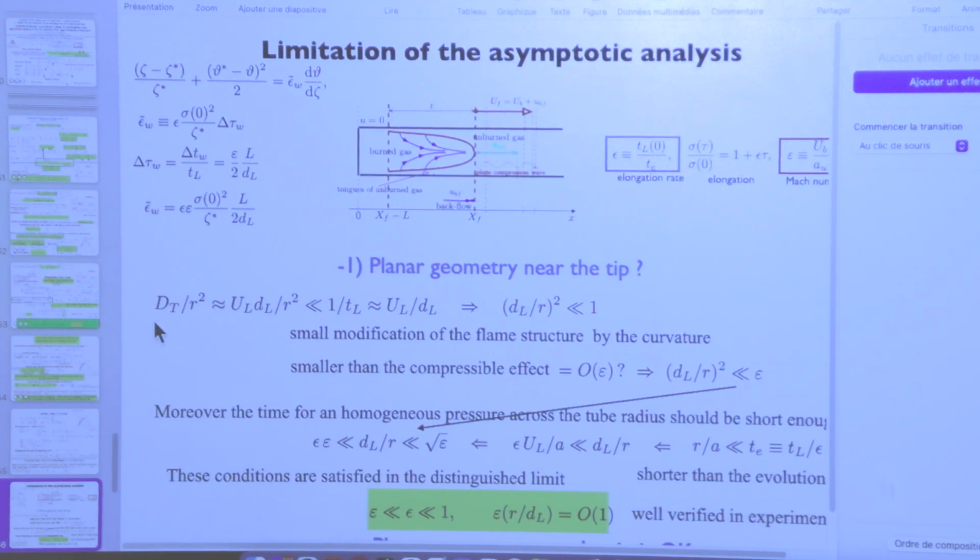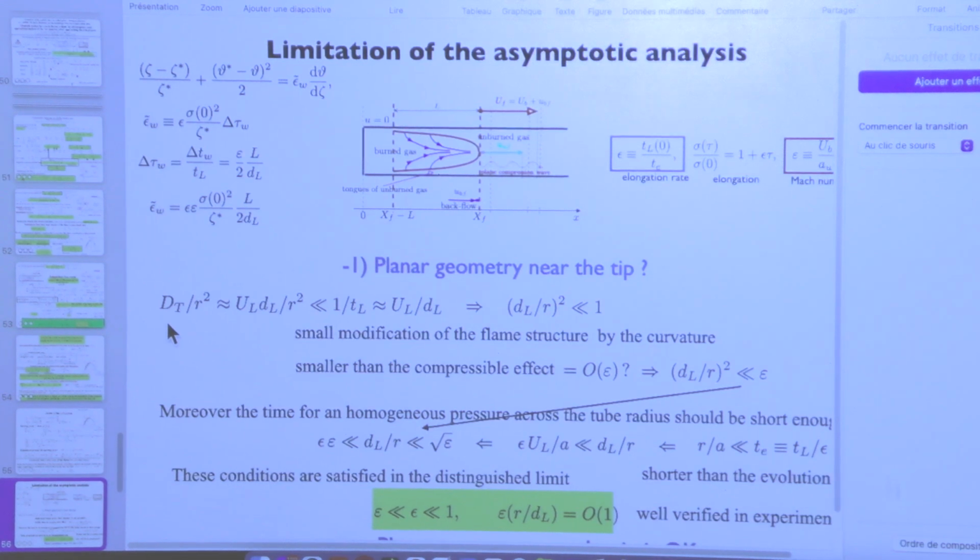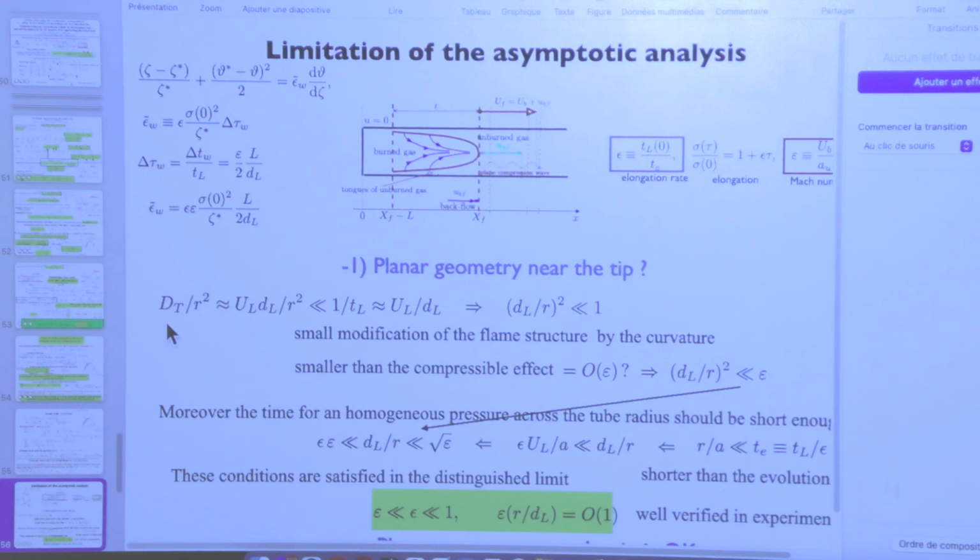and this inverse of the time should be smaller than the rate, which is the inverse of the transit time of a fluid particle across the flame.